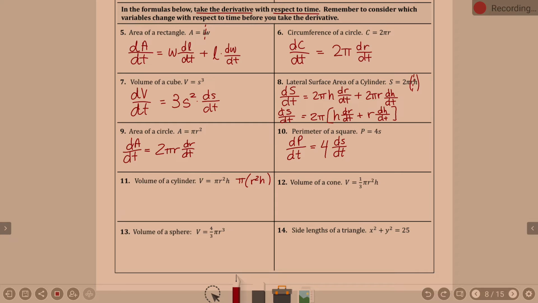The pi is just a constant, it stays out front, and we're just doing the derivative of r squared h. So dV/dt, if I just put the pi out front. Now what are we doing there? 2r dr/dt.